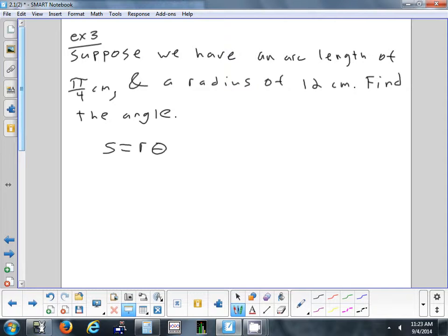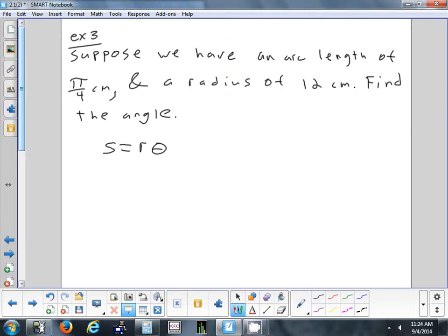Okay, so this time I'm telling you the arc length is pi over 4. Giving you the radius, I want to know what the angle is going to be. So I've already written down the formula you're going to need, s equals r theta. All right, Max, what's pi over 4?